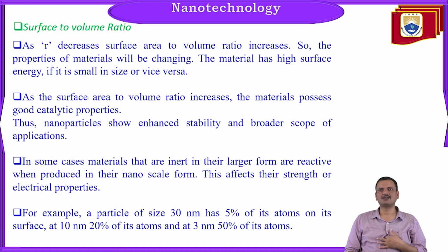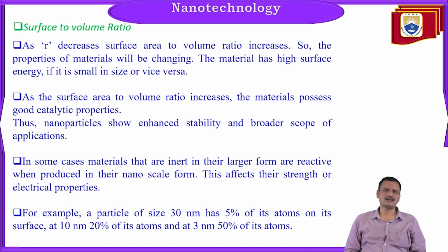As the surface area to volume ratio increases, the materials possess good catalytic property because all the atoms are now available at the surface. Thus, the nanoparticles show enhanced stability and broader scope of application. In some cases, materials that are inert in their larger form are reactive when produced in their nanoscale form. This affects their strength or electrical property.